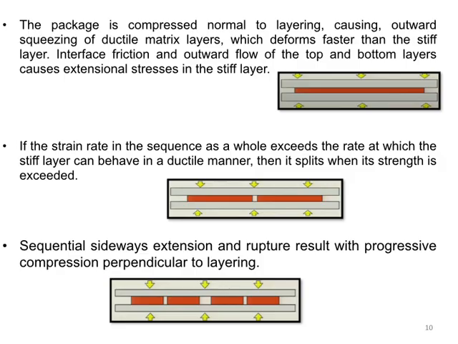Therefore, at a particular condition, this interface friction and the outward flow would produce an extensional stress in the stiff layer. So we have some sort of stress going in this direction, and if that continues, the strain rate in the sequence as a whole exceeds the rate at which the stiff layer can behave in a ductile manner. Then it splits when its strength is exceeded, as shown in the second figure.